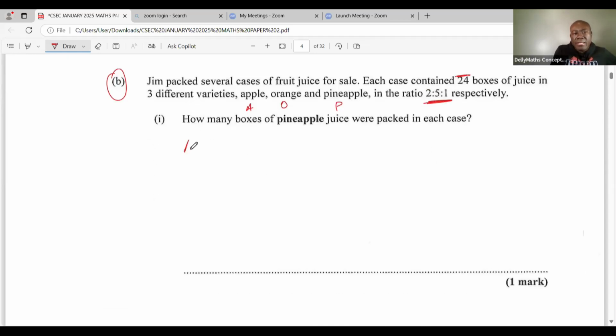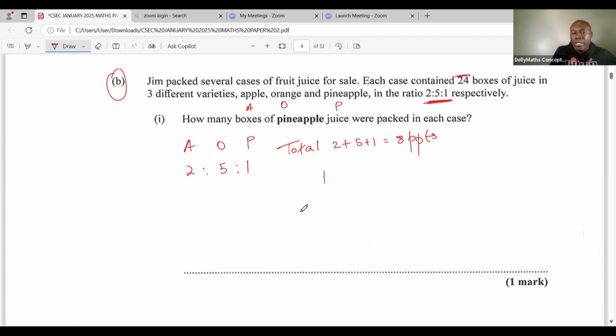So we have apple, orange, and pineapple in the ratio of 2 to 5 to 1. If we add these proportional parts, we get a total of 2 plus 5 plus 1, which is 8 proportional parts. To find how many pineapple juices there are, let's find one part first.